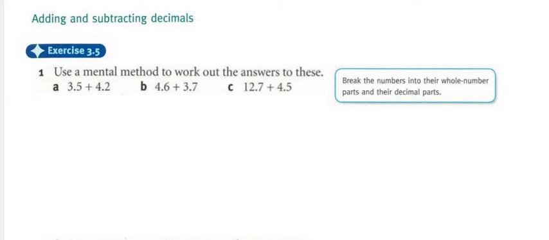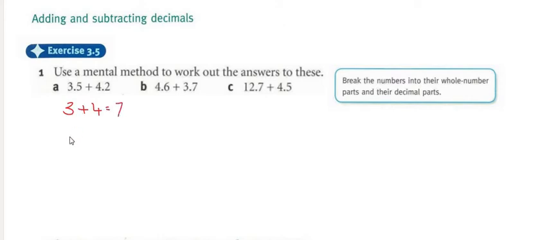So in question A we have 3.5 and 4.2. We take the number 3 separately, and with 4 we add it. 3 plus 4 is equal to 7.